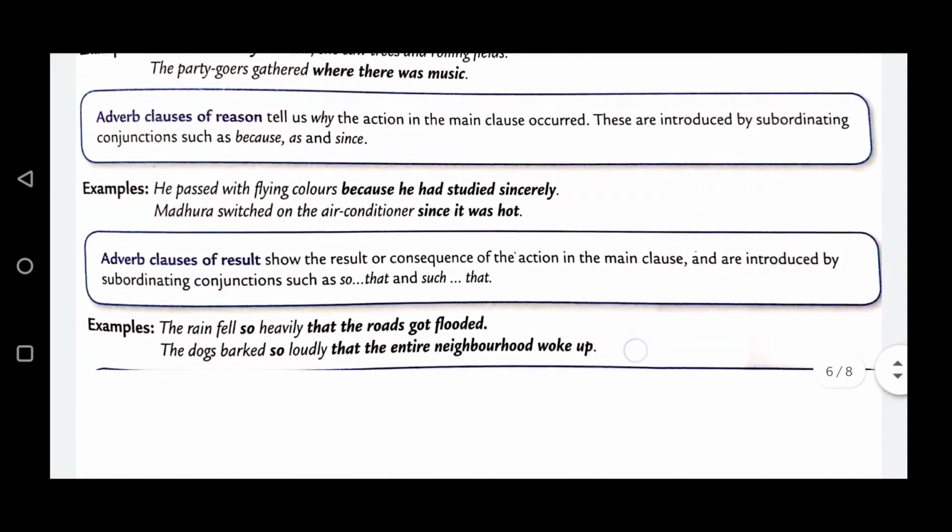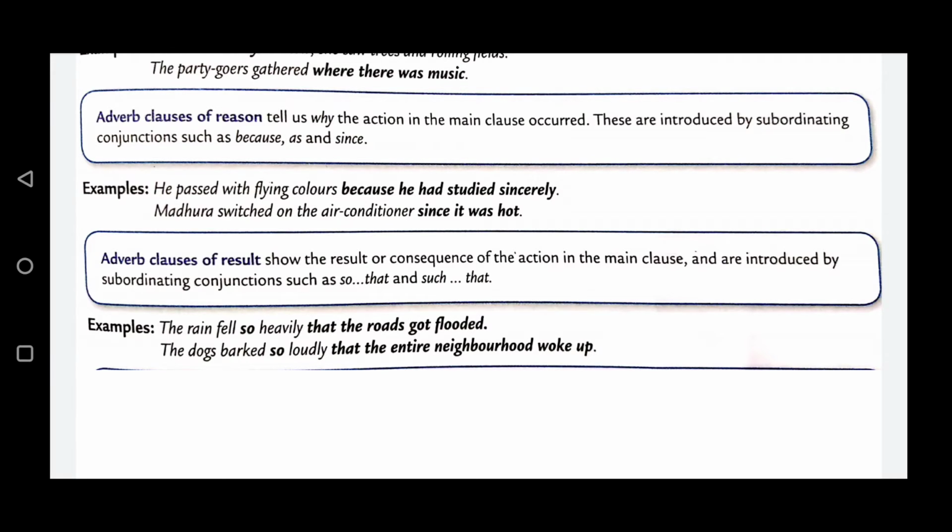Next, adverb clause of result. Now, many students get confused between reason and result. Make sure reason tells us why the action in the main clause happened, but result tells us the result or consequence of the action in the main clause, the effect you can say.